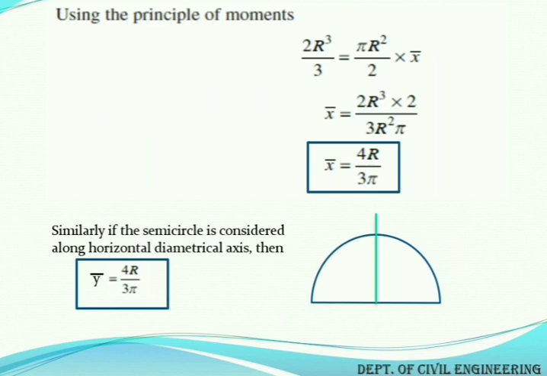Horizontal diametrical axis. So if we cut it, left and right will be the same. So in this case, your x bar we will get directly, which is equal to the radius. The horizontal distance we get directly, we need to find y bar. Whereas in the previous case, y bar we get directly and we need to find x bar.